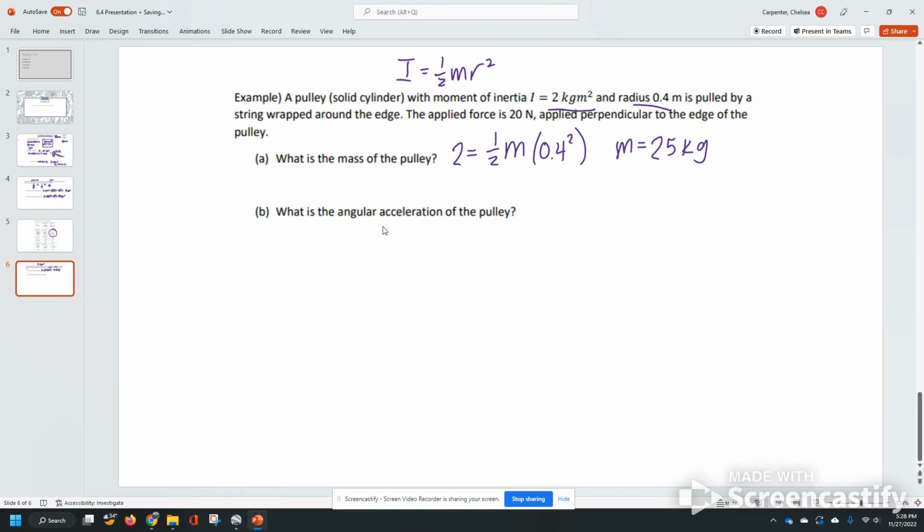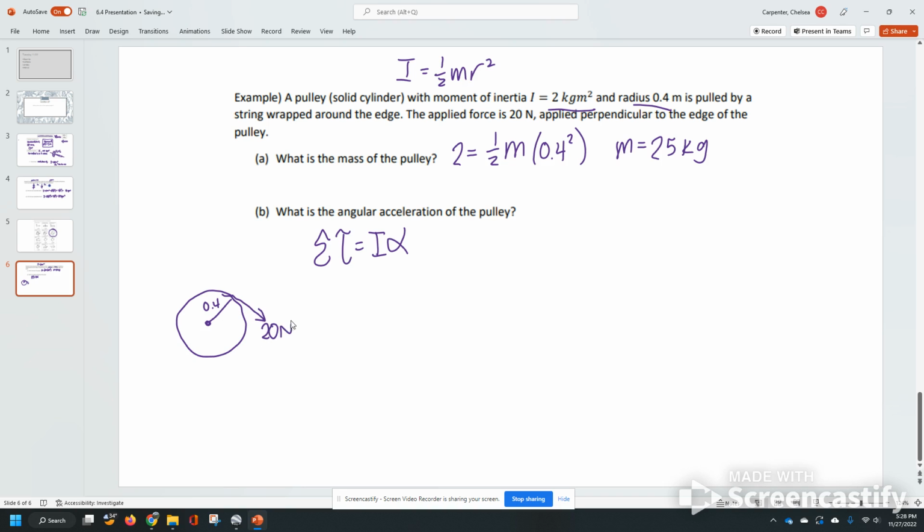Now we want to figure out the angular acceleration of the pulley. We're going to use the sum of torques equals I times alpha, because we're trying to figure out alpha. Here's our pulley, radius 0.4 meters, and we're applying 20 newtons perpendicular to the edge.